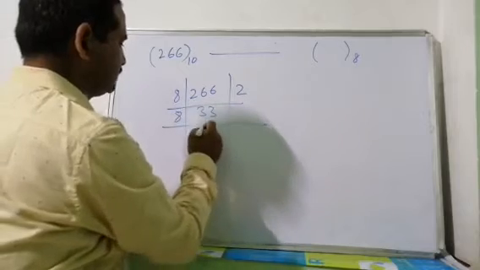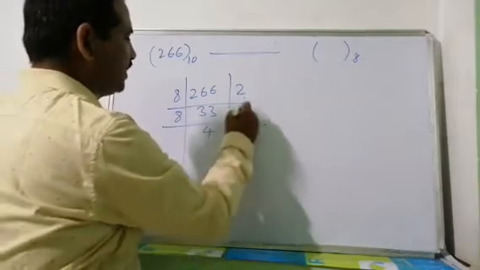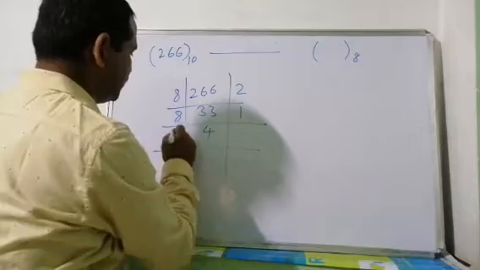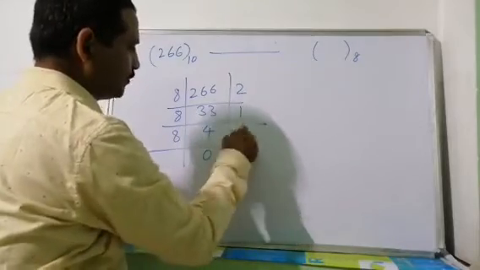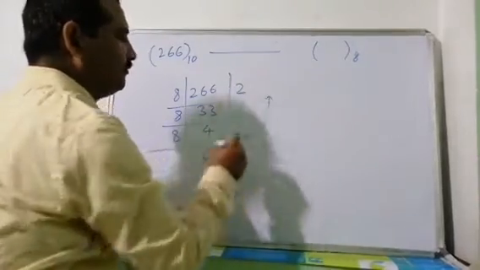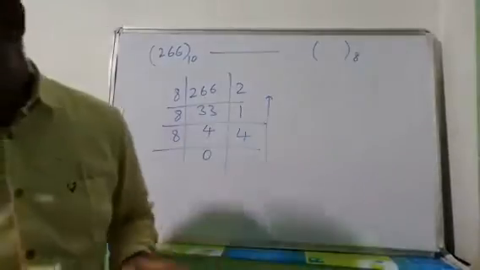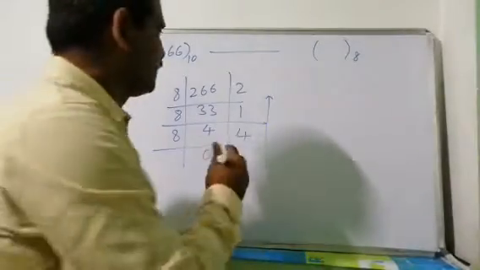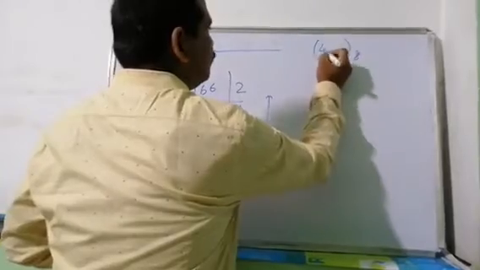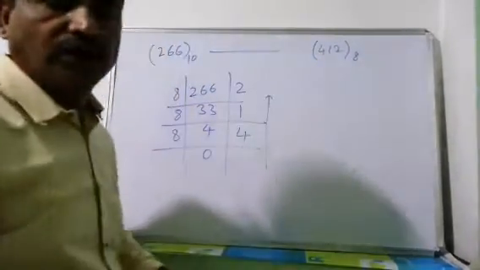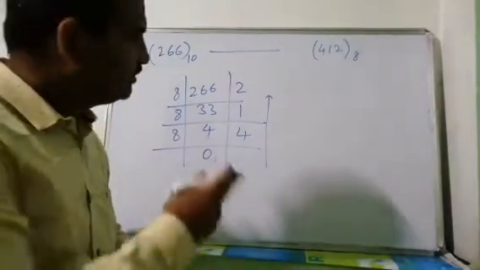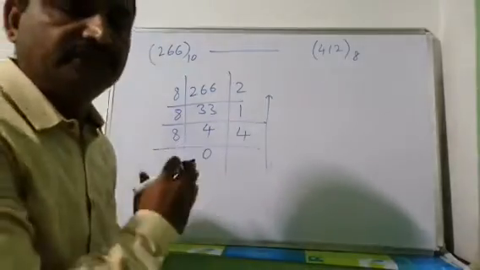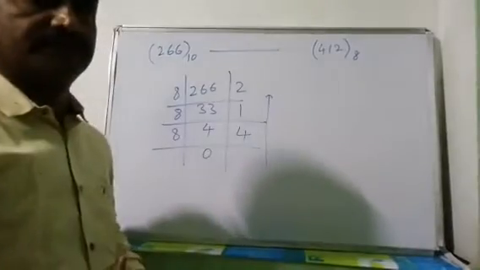Again 4 will be the quotient, remainder will be 1, then again 0. From MSB to LSB we have to read. So it will be 412 in octal. So this is the way to convert decimal to octal number system.